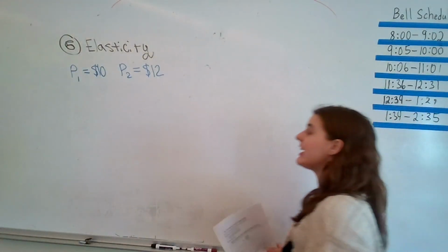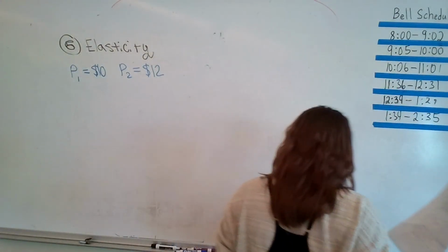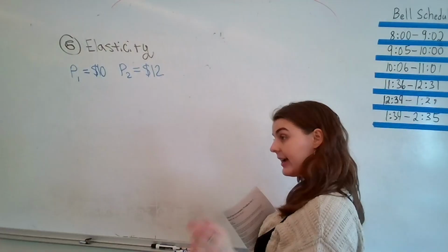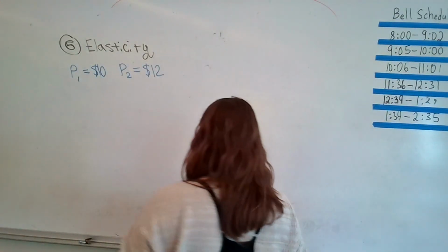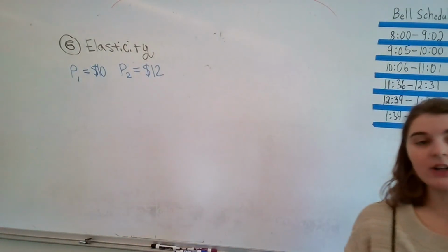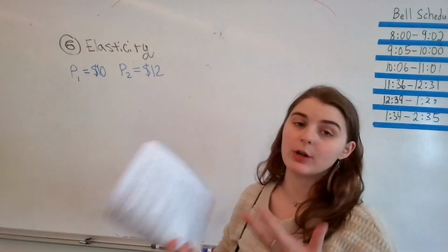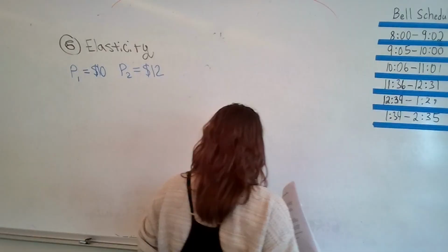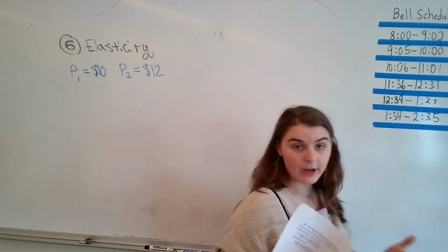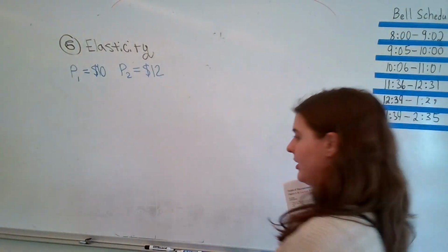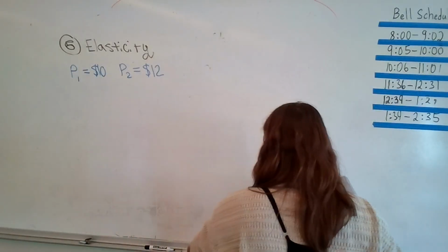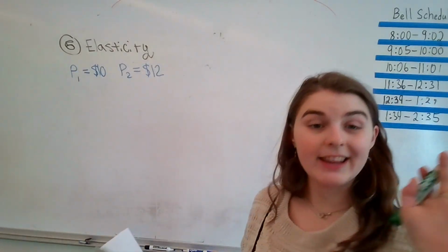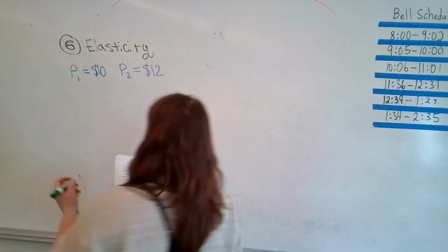What we see as a result of this is a change in supply and a change in demand. We first are going to look at demand and then we're going to look at supply. The calculations are pretty similar for both of them, it's just the numbers that change. So we've got price. Let's look at the change in demand.